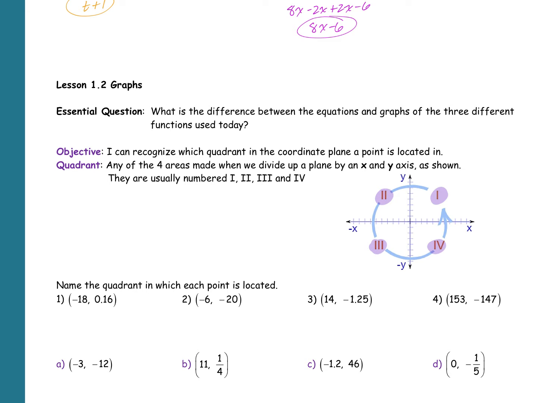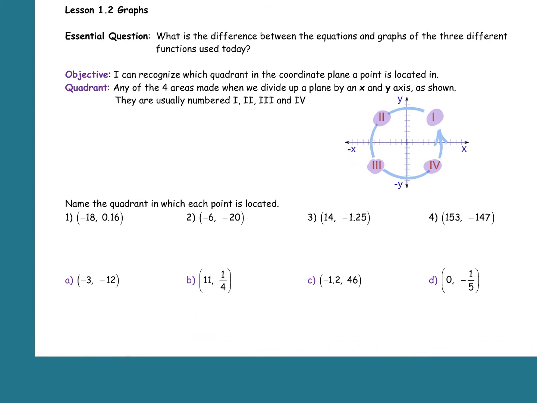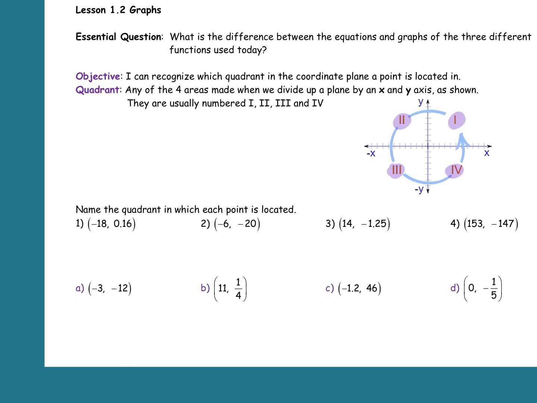Okay? So the only thing we're going to do is name which quadrant the points fall in. So which quadrant is negative 18, positive 16 in? It's in quadrant 2 because I go back, negative, and then positive, which is up. So that's quadrant number 2.